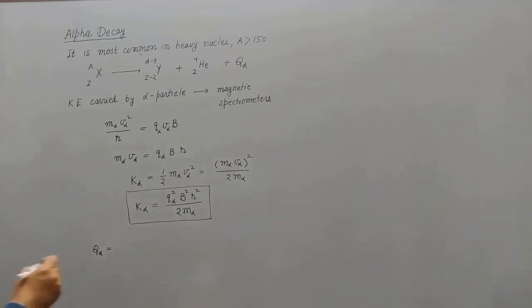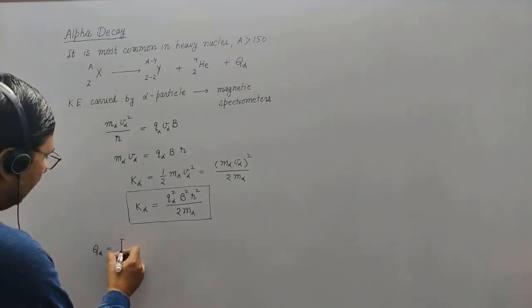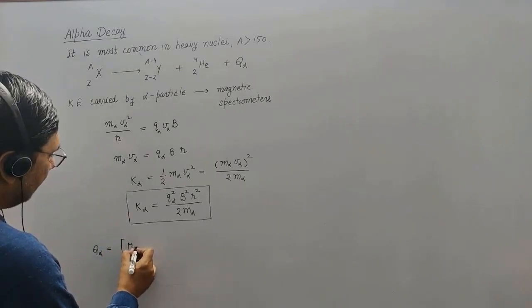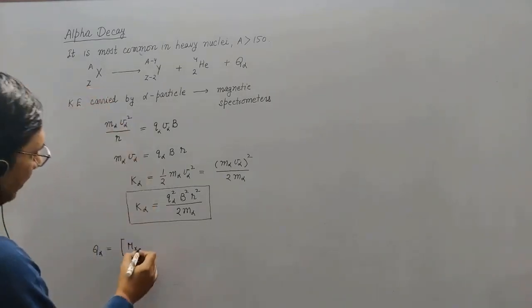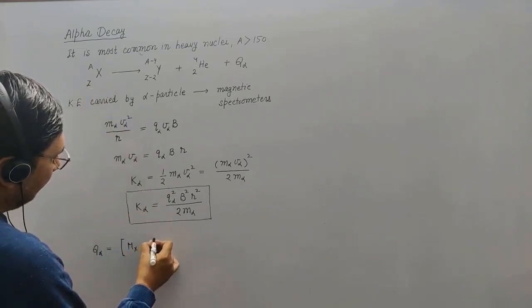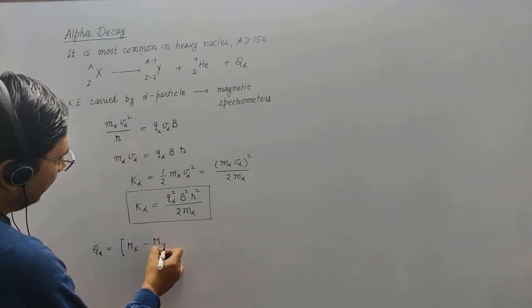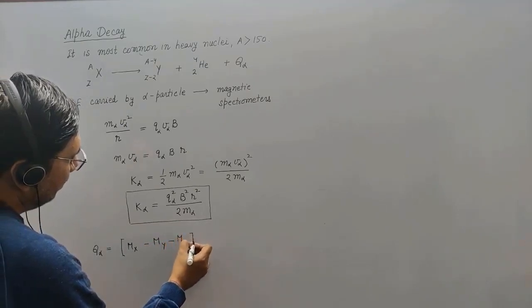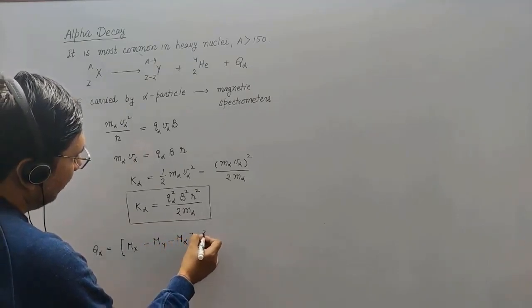So what is the mass of the parent nuclei? This is mass of X nuclei, minus mass of the daughter nuclei, this is Y, minus M alpha, into C square.